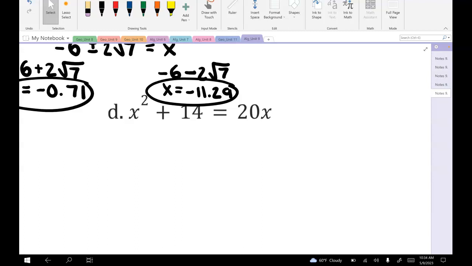So jumping back into this, to be able to start completing the square, we need our x squared and our x term on the same side. So this 20x has to move to the other side. That's what I'm going to do first. I'm going to subtract 20x from both sides.